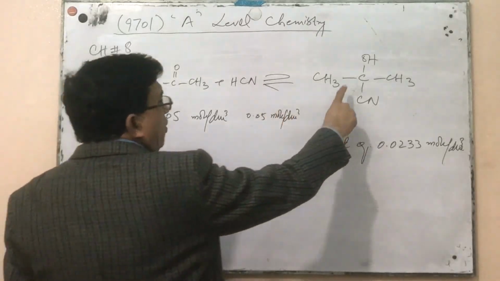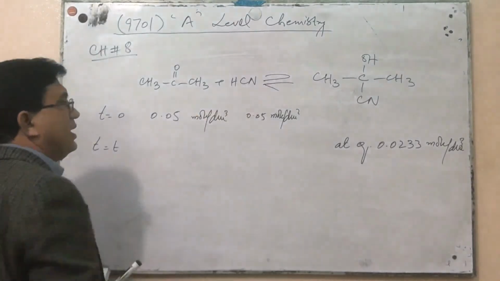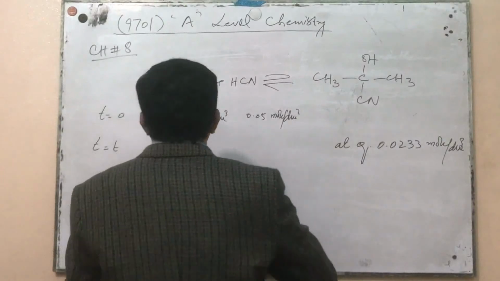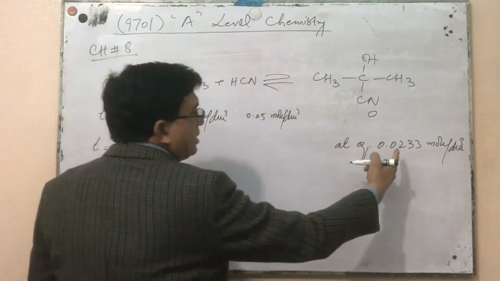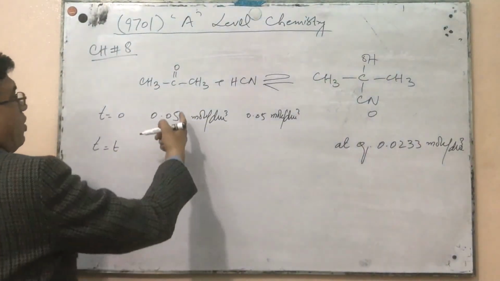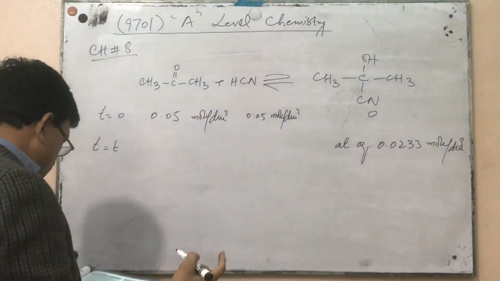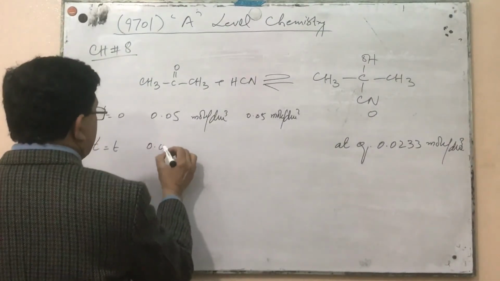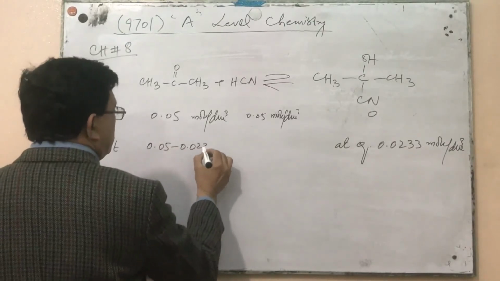As the ratio of this product is 1:1 with both of these reactants, automatically what we will do: initially at 0, the concentration of the product will be 0. At equilibrium, this is the concentration of the product. But this product is obtained from these, so automatically this concentration will be subtracted from both of these values, and we will get 0.05 minus 0.0233.